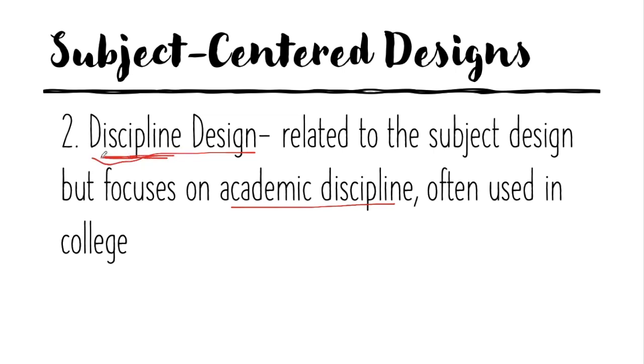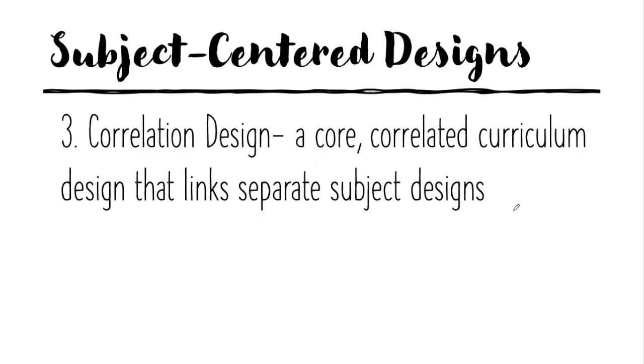Okay, so you'll study literature, you'll study grammar, you'll study word usage, you'll study composition, for example, you'll study writing and all those stuff. Okay, so that's discipline design. It's related to the subject design but focuses on one academic discipline, and it's often used in colleges that we have. Now the third type is correlation design.